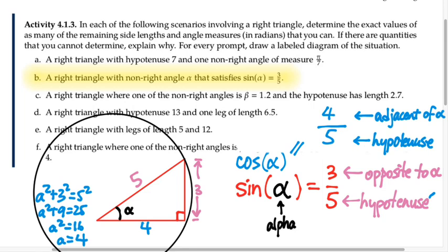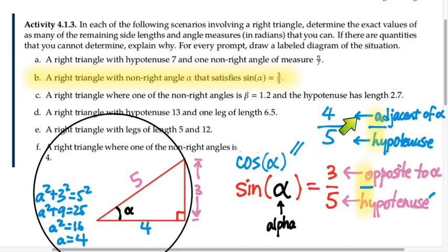Okay. And so what this does is it gives us a new way of understanding the definition for sine and cosine. And the way to do it is to think about the right triangles that have these angles in them. For a right triangle, the sine of one of its non-right angles is the length of its opposite side divided by the length of the hypotenuse.